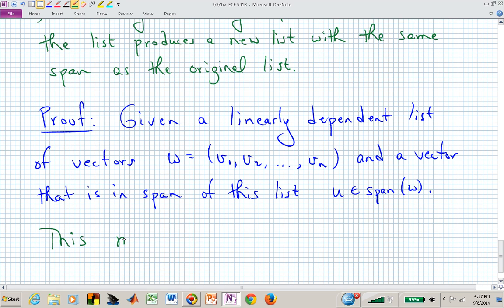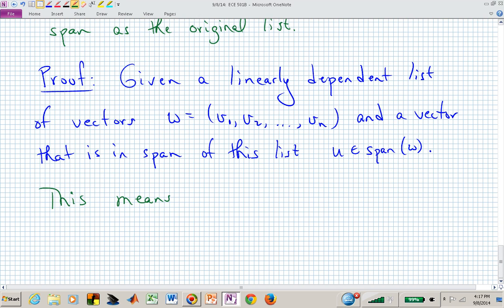What does that actually mean? If you had to write u, the letter u, which is representing an element that's in the span of W, how could you express that? Or how have we done that before?